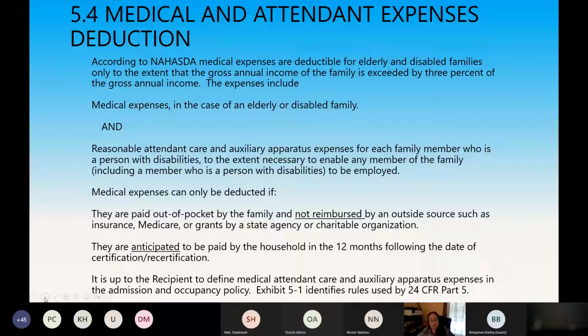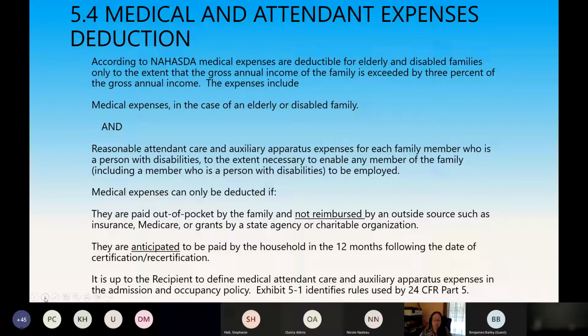The expenses could include medical expenses in the case of an elderly or a disabled family, and reasonable attendant care and auxiliary apparatus expenses for each family member who is a person with disabilities, to the extent necessary to enable any other member of the family, including the member who has the disability, to be employed.